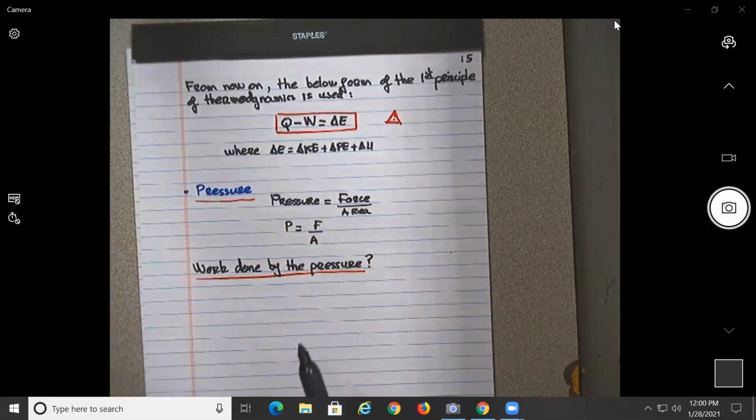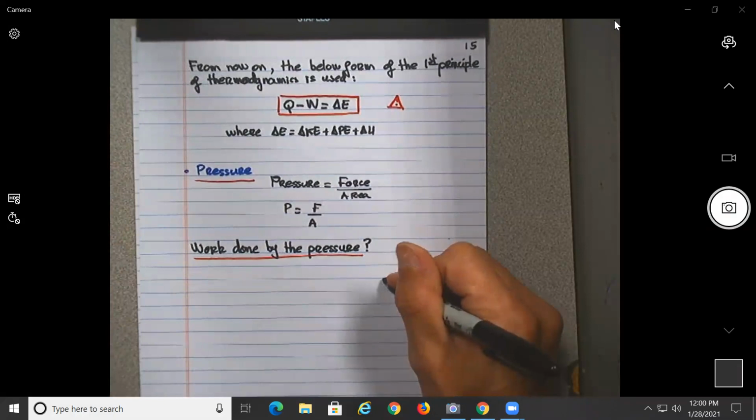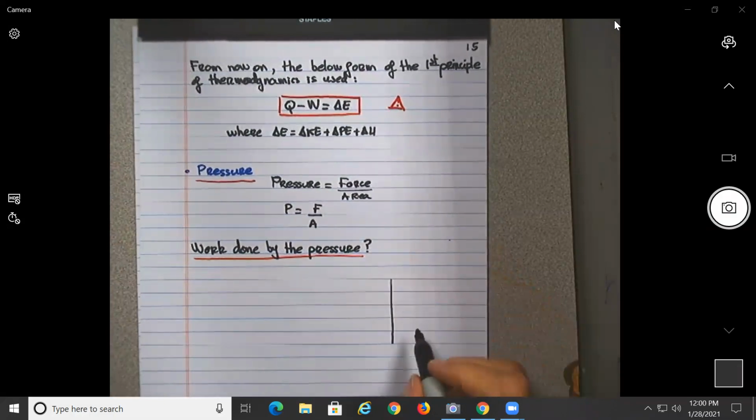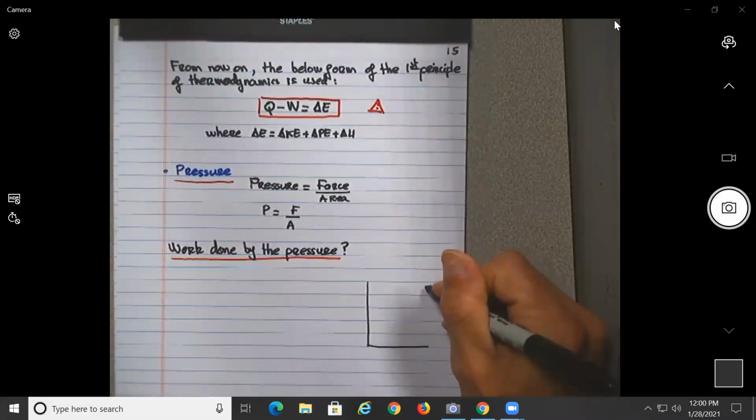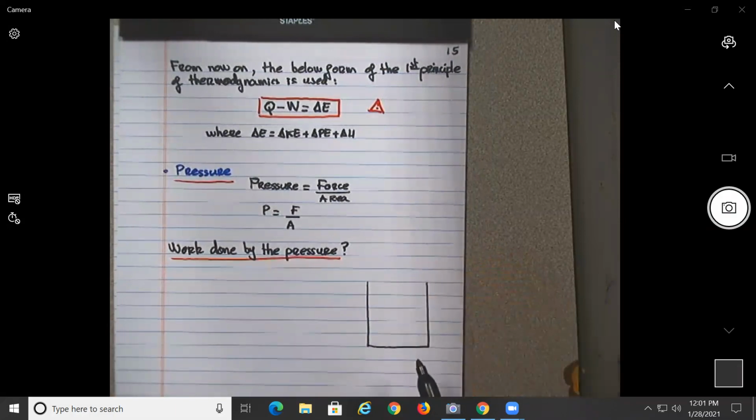Okay, so like before, first thing we need to do is a figure. So be careful because my figure might not be that good. The main thing that pressure is used for is the piston cylinder system.